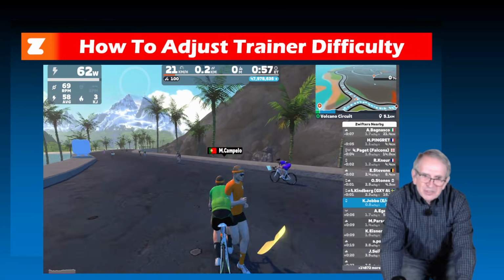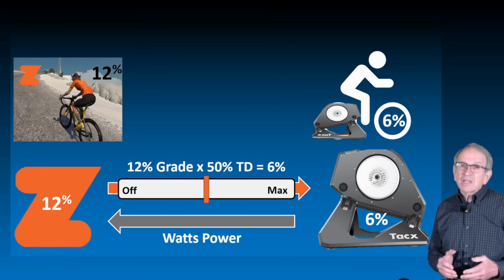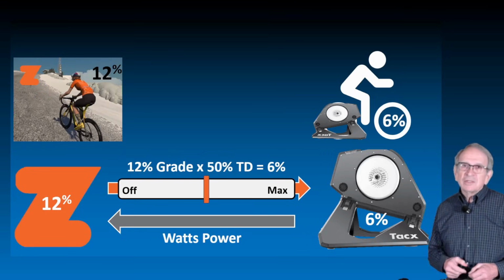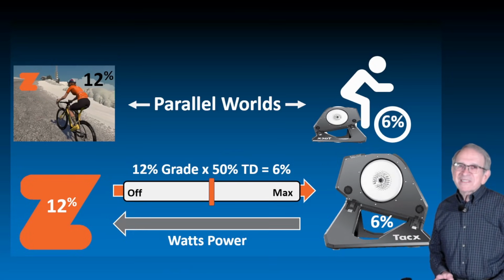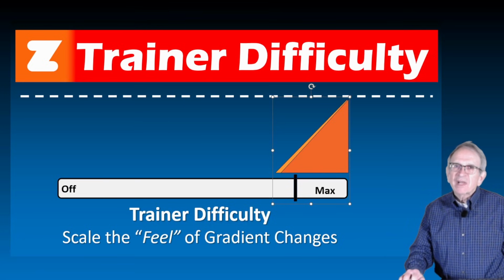Now, for the purpose of this video, it's helpful to conceptualize two different worlds. Your avatar riding on Zwift, and you riding on your Smarttrainer. It will all make sense over the course of this video. So what happens when you move that slider?